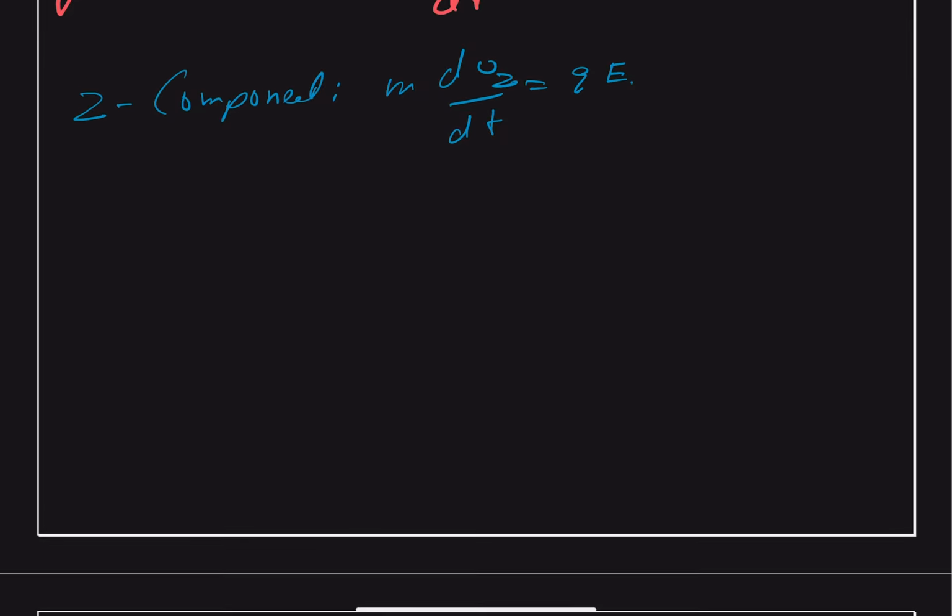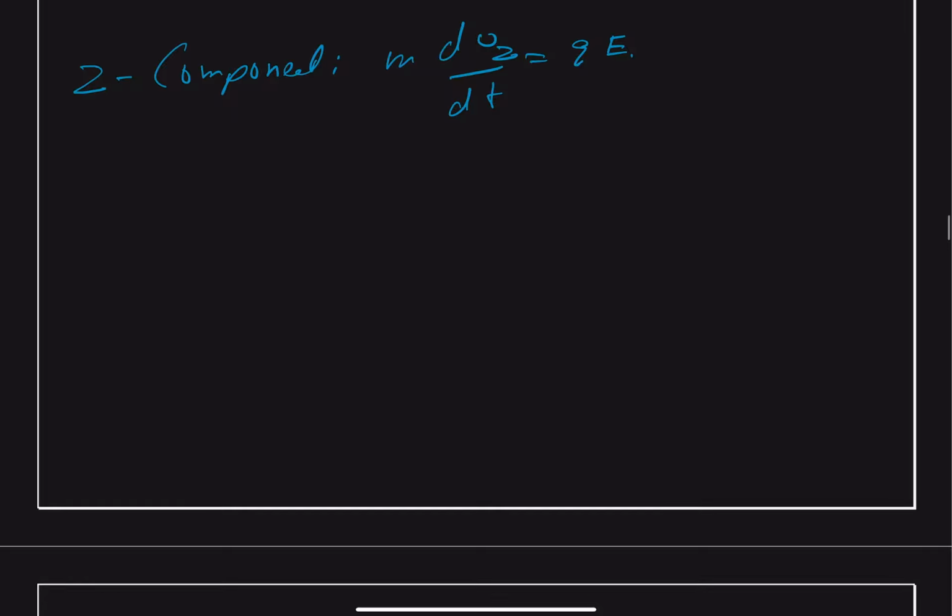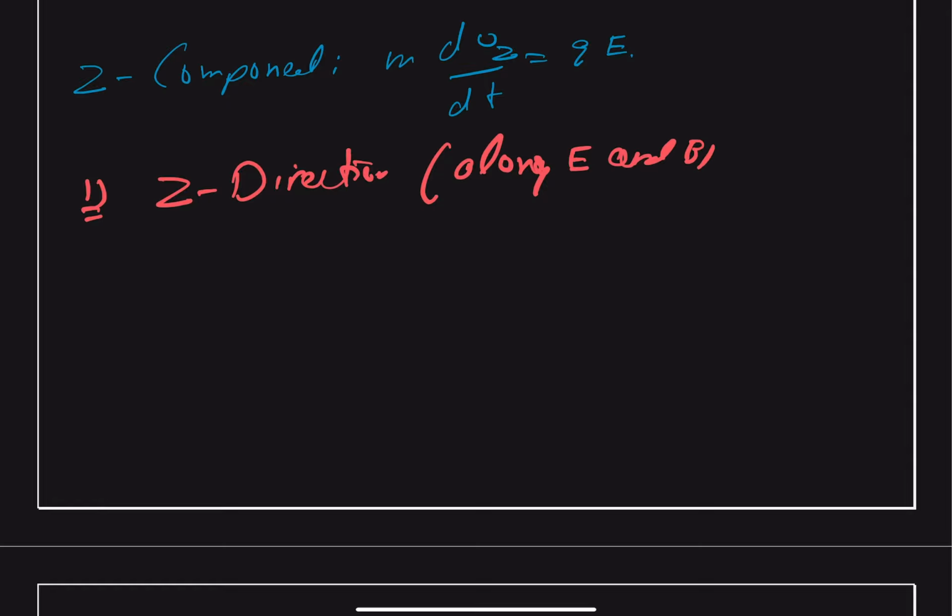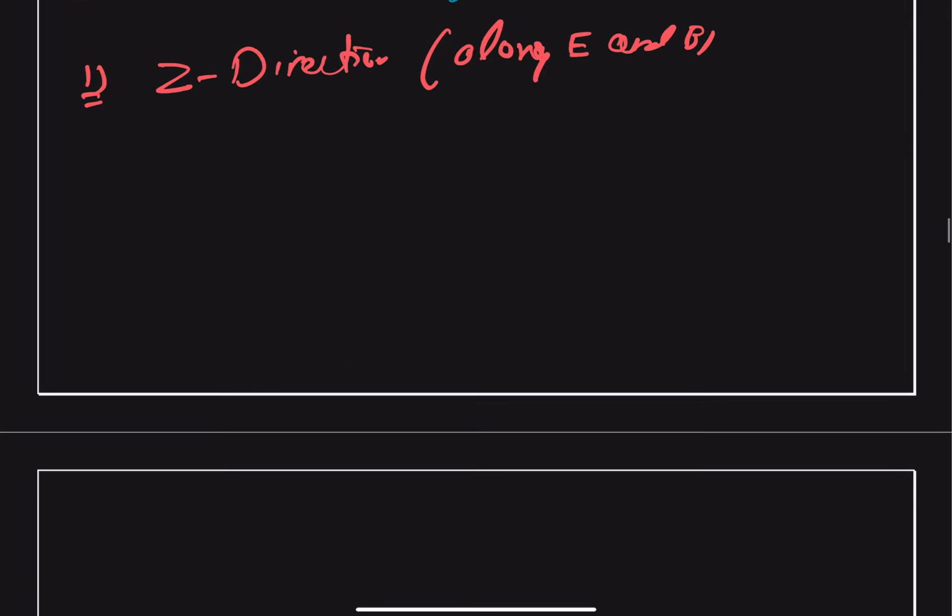First of all we solve for the z direction. The z direction means along E and B, because both the electric field and magnetic field are in the z direction. So we can write dvz by dt is equal to qE by m.